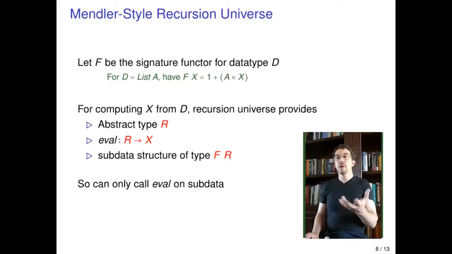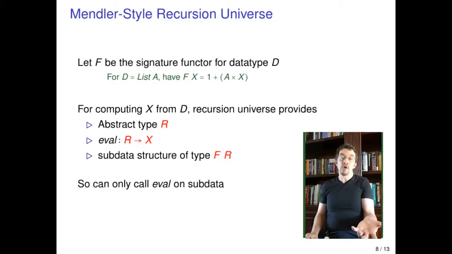And you're also given a subdata structure of type F R. In other words, you're given this little package that is presenting you the data that you have, except at the sort of functorial position, it's got the abstract type R. And so the key thing about this, and this goes back to this idea of Mendler-style recursion, is that you can only call eval on subdata, because the only things you have lying around of type R are the things that are presented to you in this subdata structure, and so that's the only stuff you can call eval on.